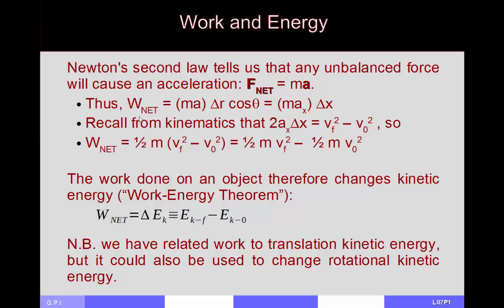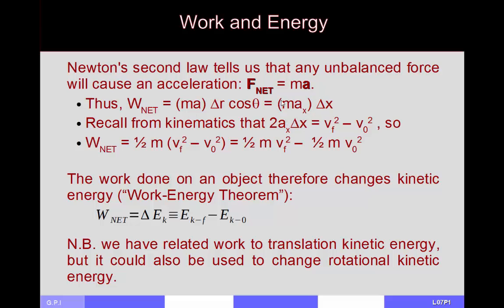So the net amount of work done on an object must be the mass times the acceleration, that's the force, times the displacement, or the distance over which this force is being applied, times the cosine of the angle between the instantaneous displacement and the instantaneous force.